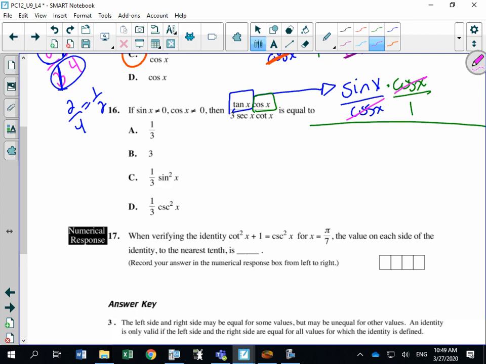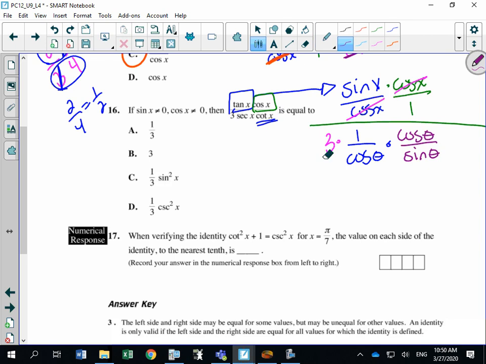Okay, what do we have in our denominator? 3 times secant. So secant was a reciprocal identity for 1 over cos theta, times cotan. What was the identity for cotan? And cotan was cos theta over sine theta.